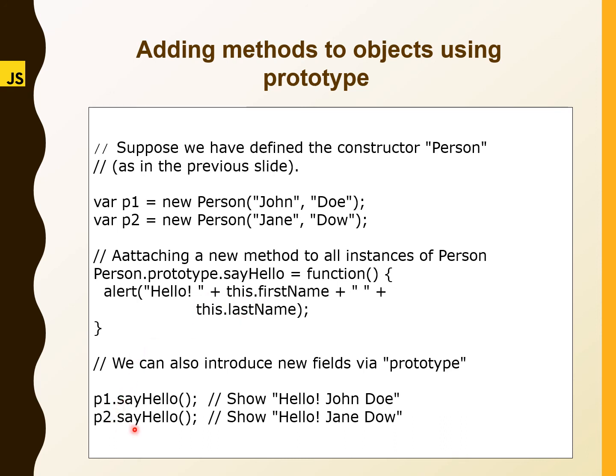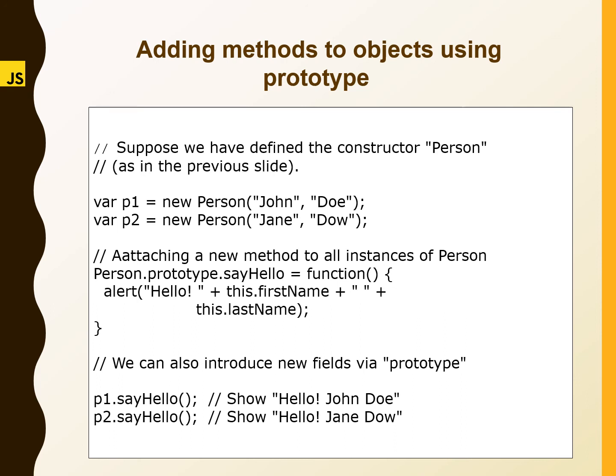Then P2.sayHello: the sayHello function of P2 will be invoked and it will generate an alert box with the message hello Jane Doe. So using prototype, we can add new functions to an existing object in JavaScript.